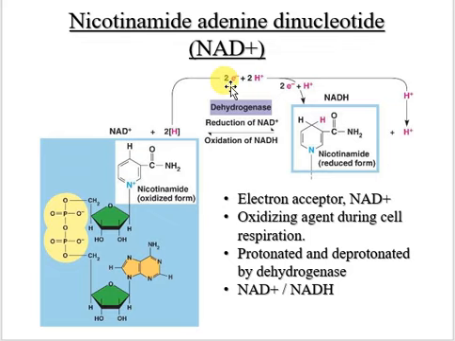That enzyme, your dehydrogenase, will then deliver 2 electrons and 1 proton to the NAD+. So both of these electrons, and 1 of these protons, are going to be added to the NAD+ by dehydrogenase to convert it into the reduced form, which is NADH.